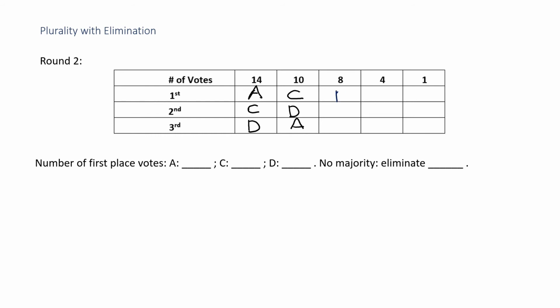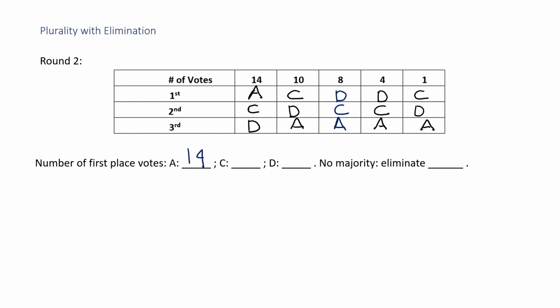We'll have D, C, B is gone, so the next one is A. Then we have B is gone, so we'll move it to D, C, A, and the last one, again, we eliminate the B, so we'll have C, D, and A remaining. Now let's count. First place votes row, A has still 14.